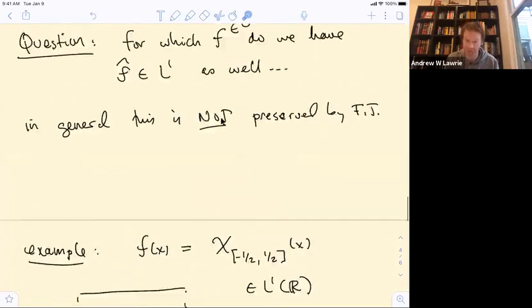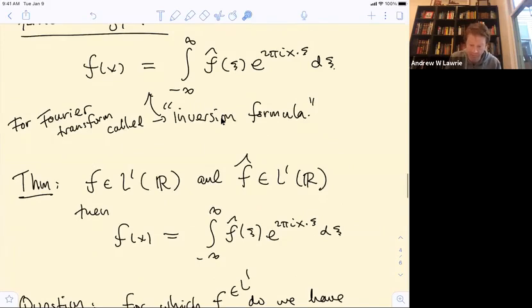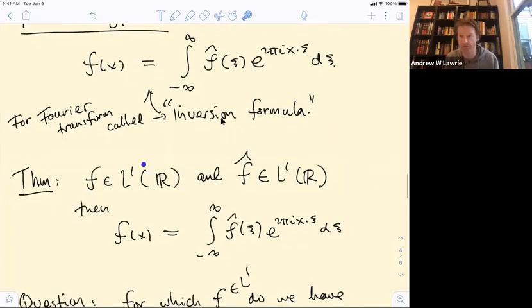So the hard thing is getting f hat in L1. If I take an L2 function, then this Fourier transform is an L2 function. In fact, it's an isometry on L2. The hard thing is making this land in L1, and that's just not going to happen for just taking an Lp function, like you say.